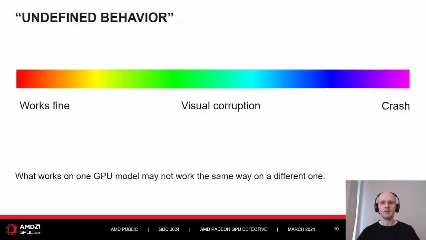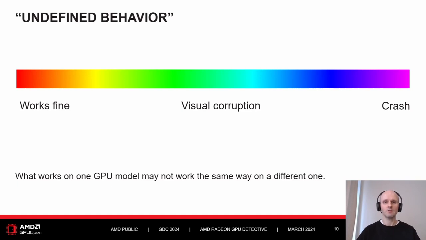I previously said undefined behavior. This is a broad term that can really mean anything. In graphics programming, it can mean a whole spectrum of effects, starting from the game working just fine and doing what we want, through some graphical corruptions, artifacts on the screen, to the entire game crashing.